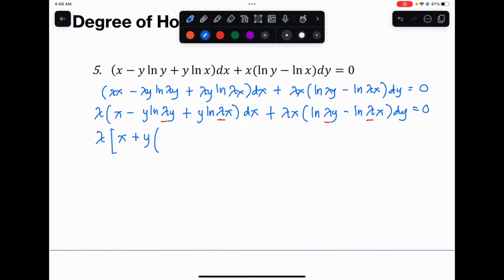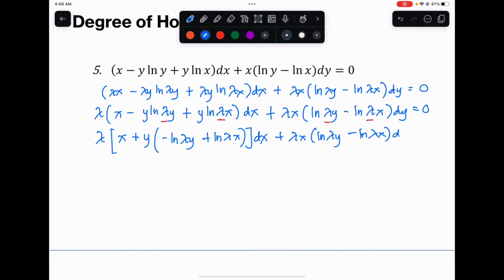That would make it negative ln lambda y. And then the positive y, so that would make it plus ln lambda x dx. Then plus lambda x ln lambda y minus ln lambda x dy is equal to 0.